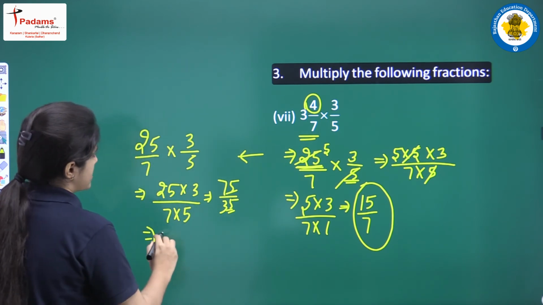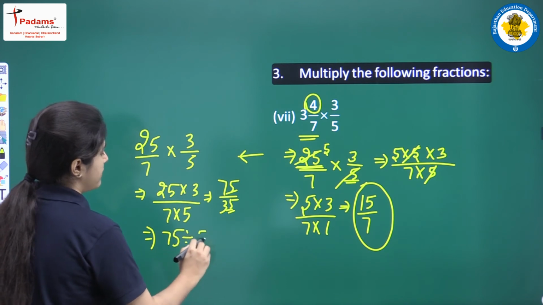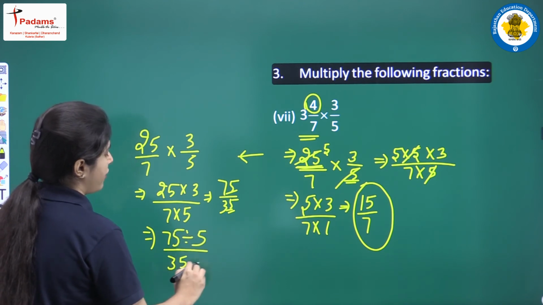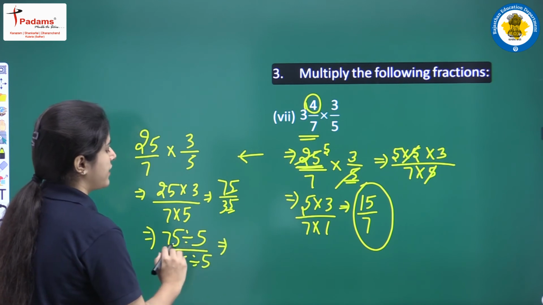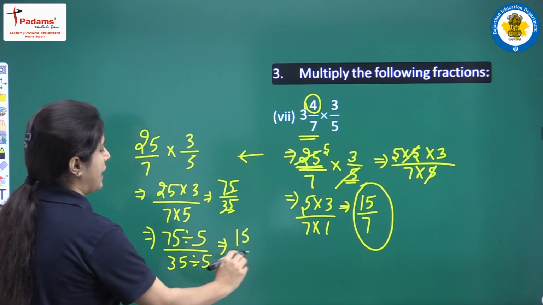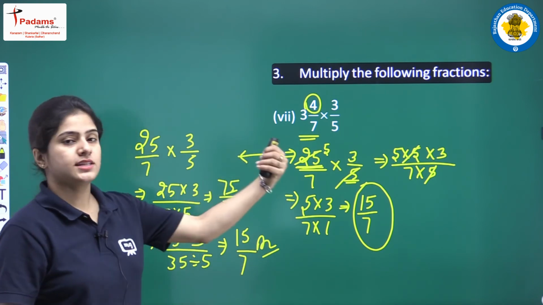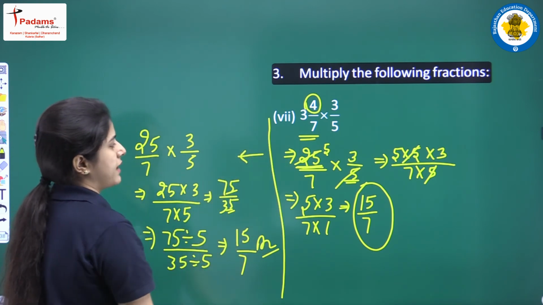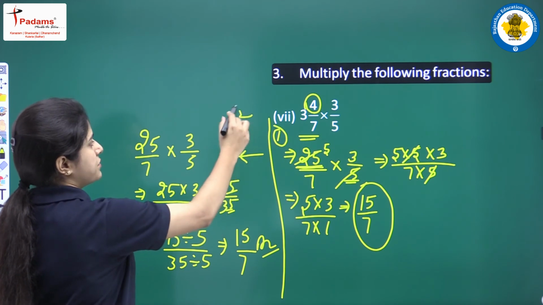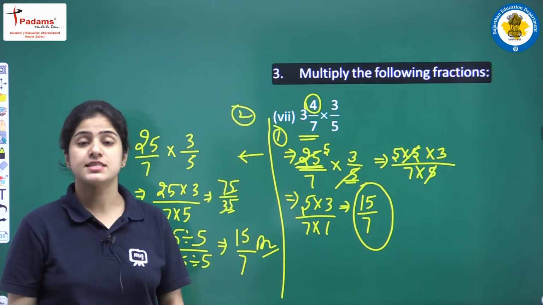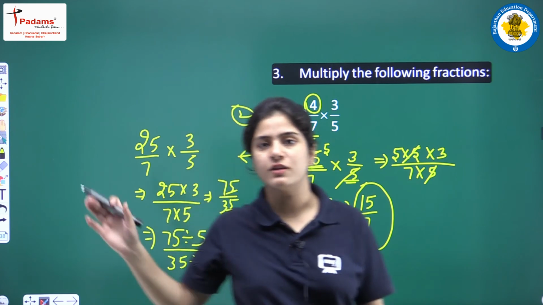So 75 divided by 5 upon 35 divided by 5. 75 divided by 5 is equal to 15 upon 7. So you can solve this question by two different methods, method 1 and method 2, okay students. Very simple, very easy. You can have a look.